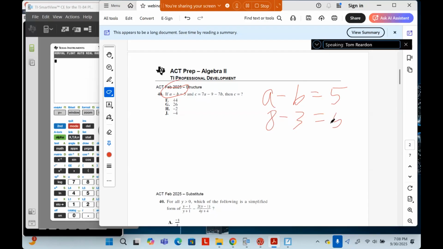So 8 minus 3 truly is 5. So now if we write this as C equals 7 times 8, minus 9 minus 7 times 3, that will also give us the right answer, right? And it didn't matter if you'd chosen 7 and 2 or 6 and 1, all those would work.